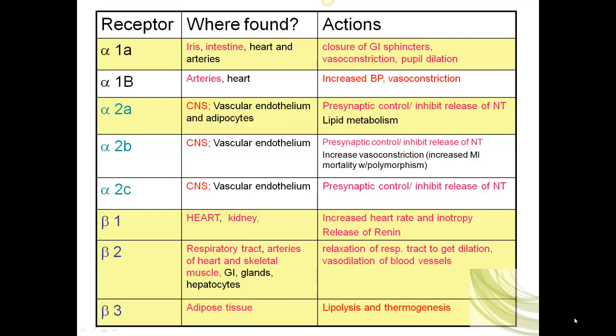And I'm going to talk to you about the war between alpha 1 receptors and beta 2 receptors. Okay, next, beta 3 receptors, most highly expressed receptor on adipose tissue. And this is going to lead to lipolysis, or use of fats for energy, fuel source.